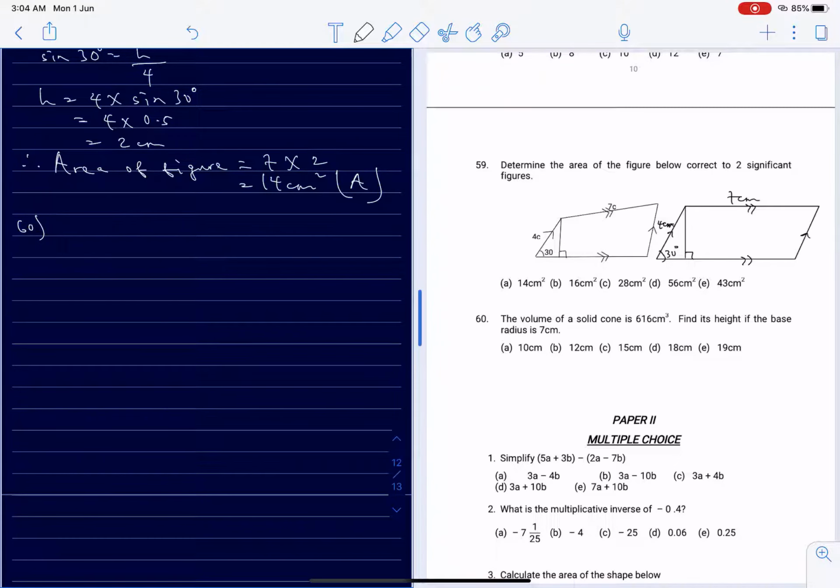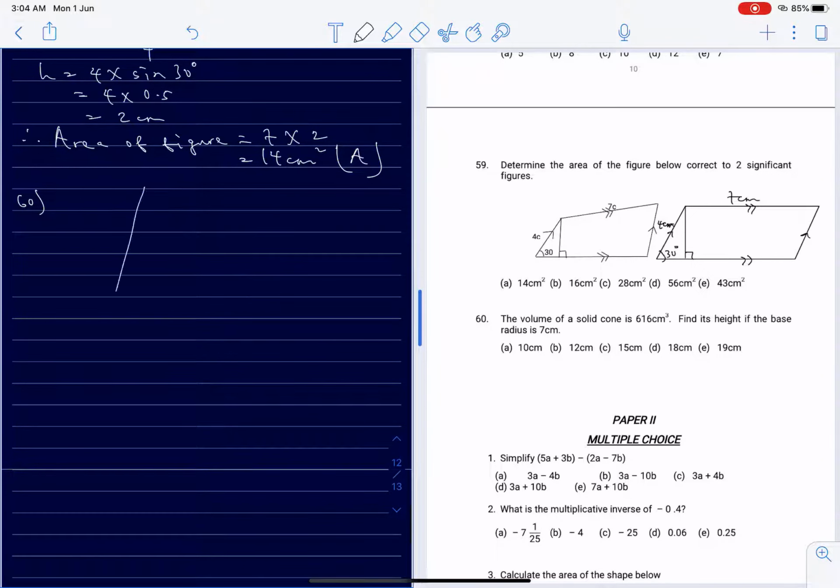All right. So, of course, I love to always sketch the diagram. This is a cone. This is its height. Base radius is 7 centimeters. This is the vertical height.